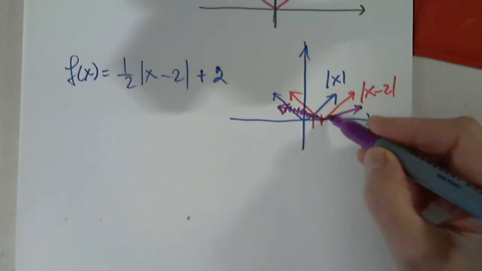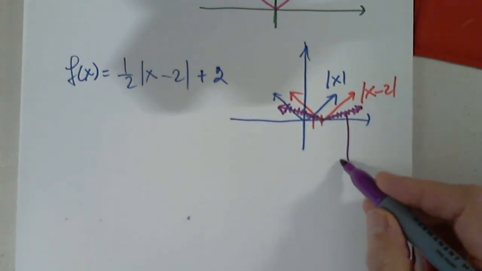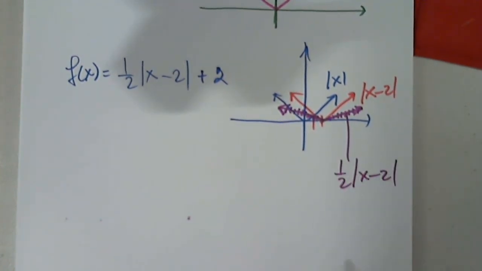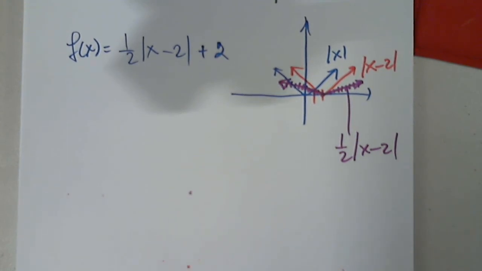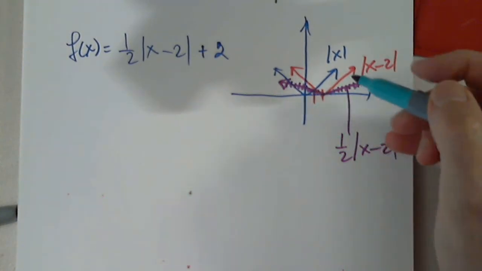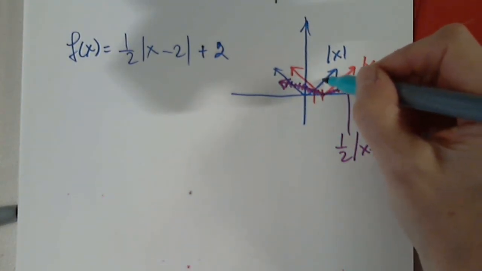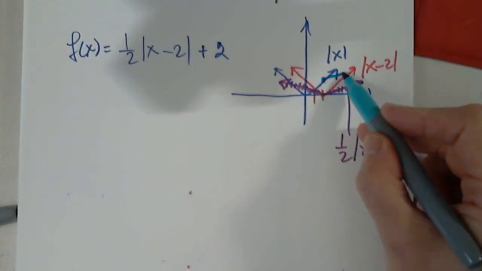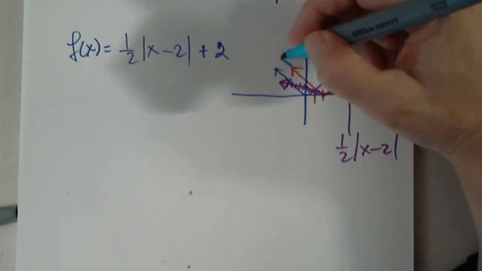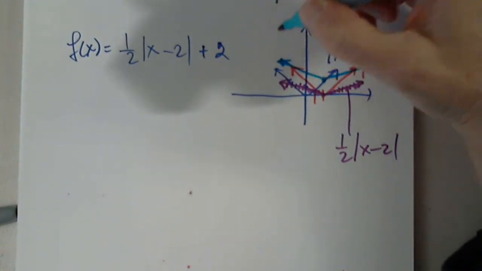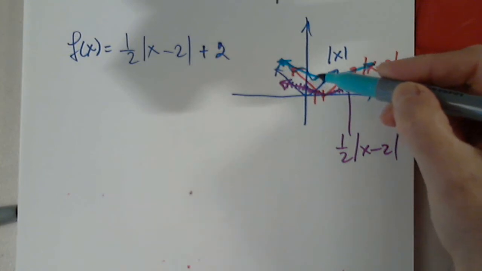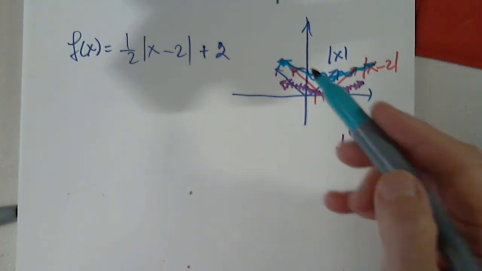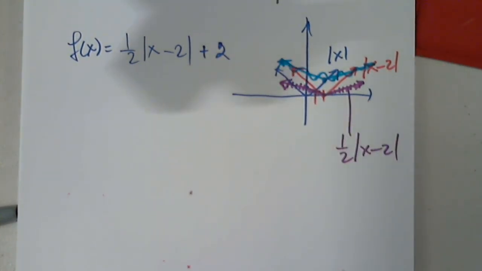This is 1/2 the absolute value of x minus 2. And now all I have to do is move it up 2. So the purple graph goes up 2. So it's this. So I know exactly how it looks like.